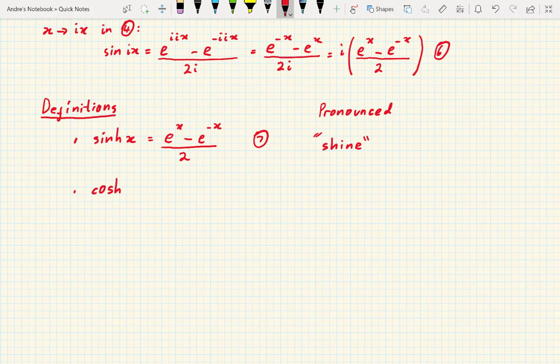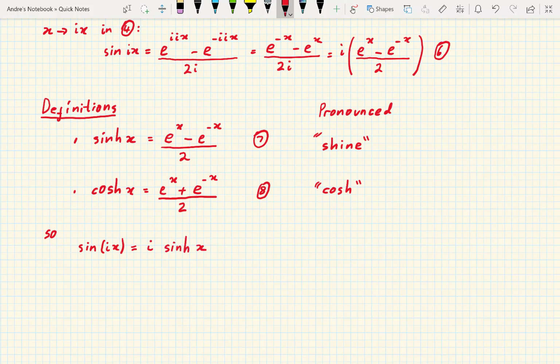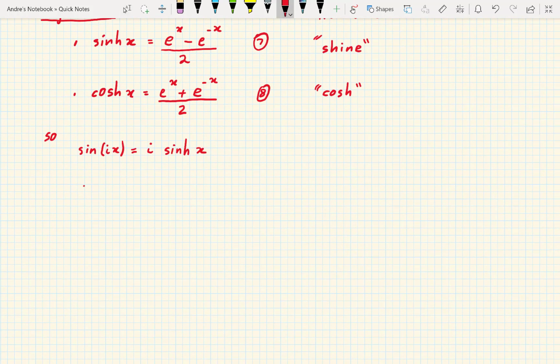And the hyperbolic cosine of x, cosh x, as cosh x equals e to the x plus e to the minus x on 2. So with these definitions, equation 5 becomes sine ix equals i sinh x, and equation 6 becomes cos ix equals cosh x.